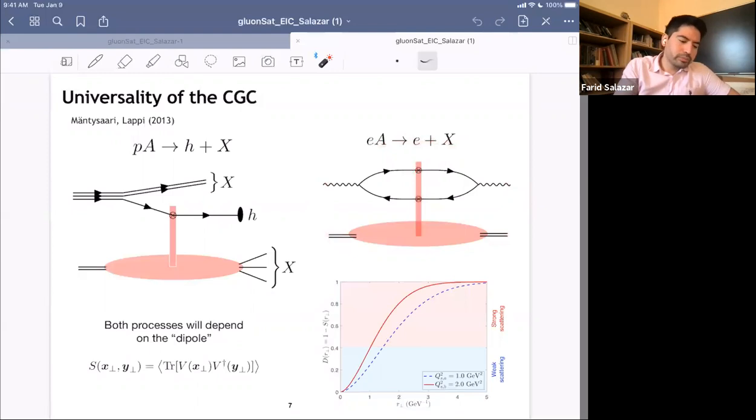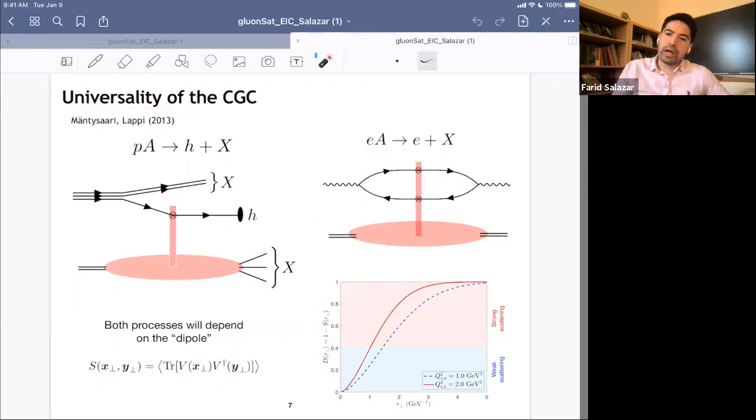And at the cross-section level, you also have a dipole by virtue of this optical theorem. So even though you're looking at very different processes and very different final states, you have the same dipole operator.